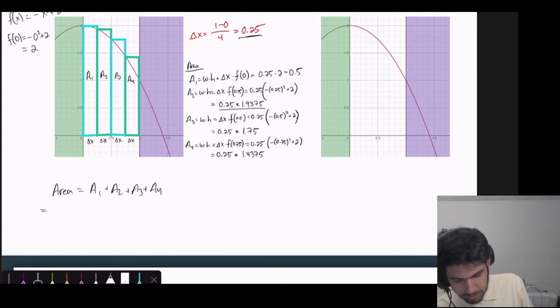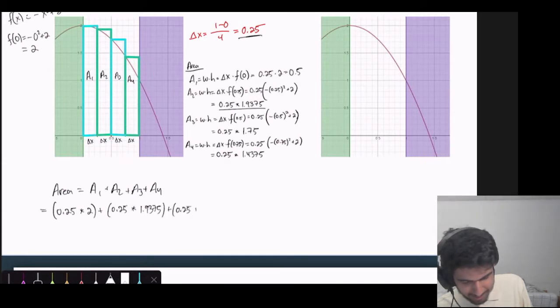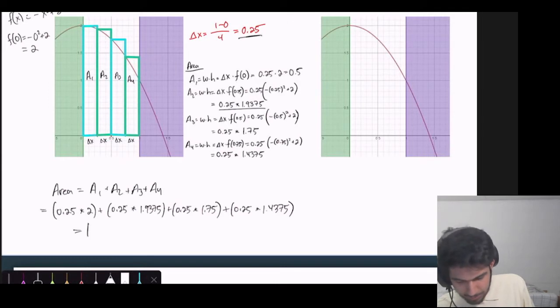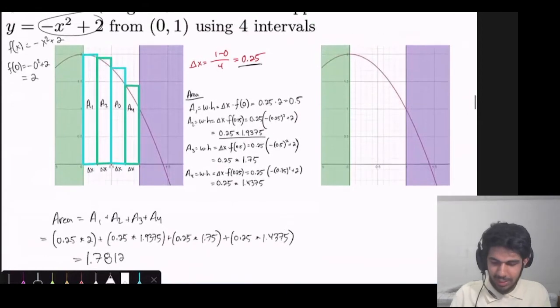So that will be equal to 0.25 times 2 plus 0.25 times 1.9375 plus 0.25 times 1.75 plus, it's a lot of algebra, but it's important algebra, 0.25 times 1.4375, and this will be equal to 1.7812. Okay, so that is that.